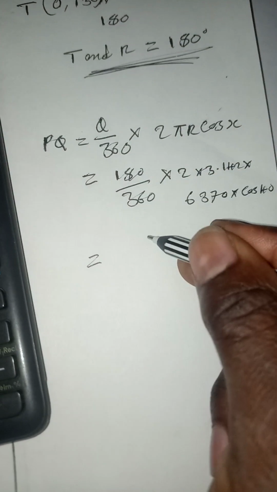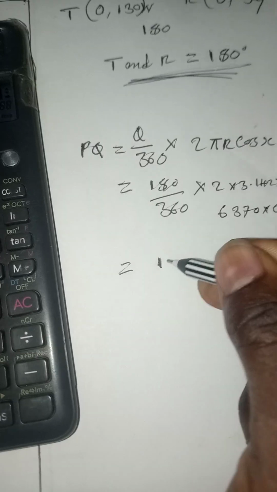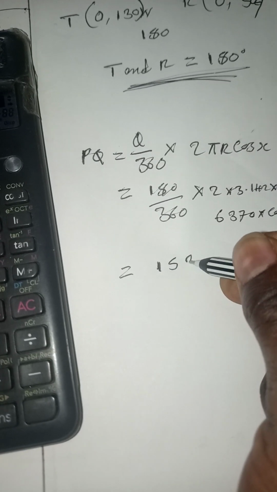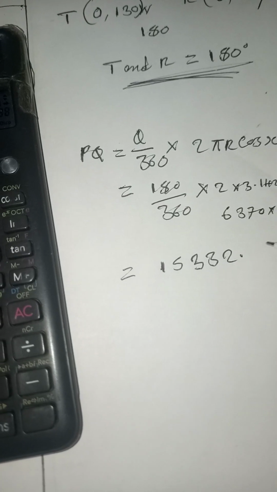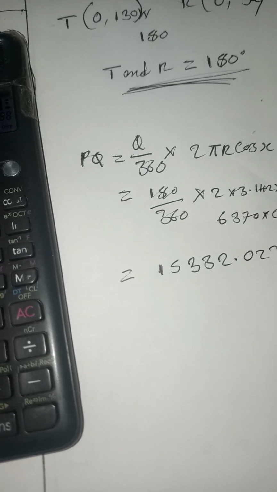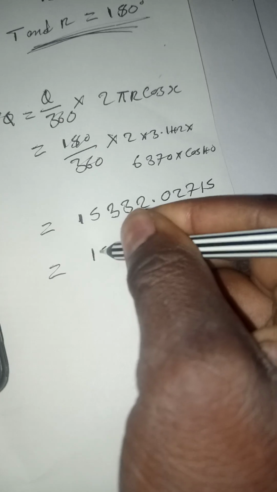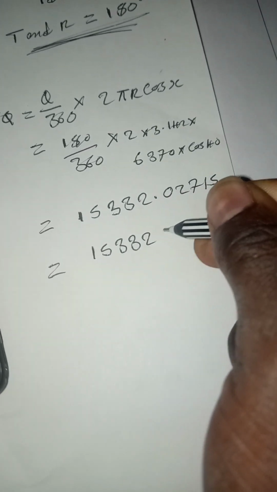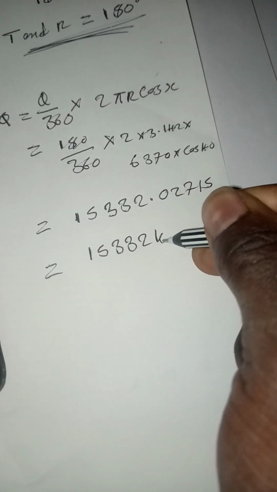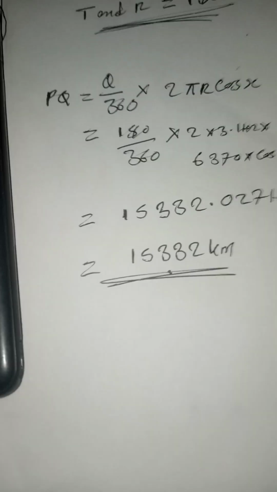So my answer is equal to 15332.02715. We are going to round this off, saying 15,332 kilometers. So this is the distance of PQ.